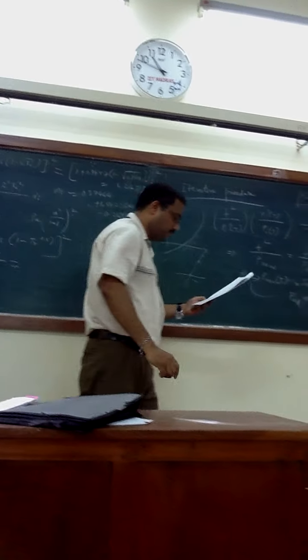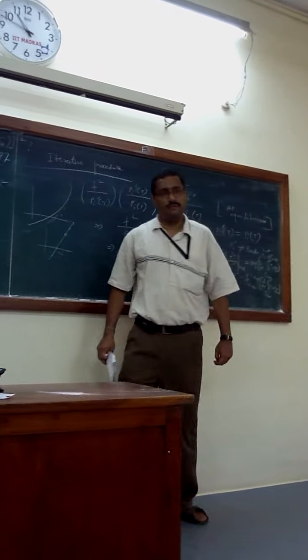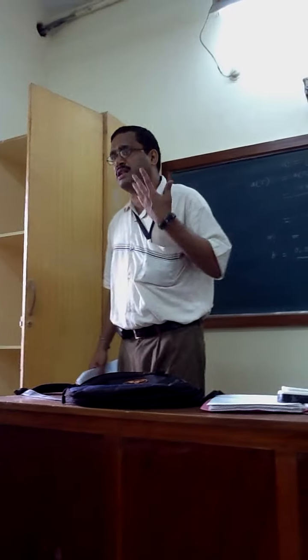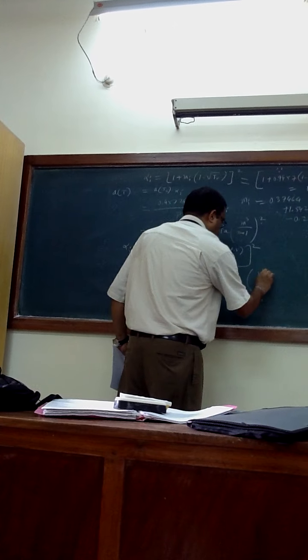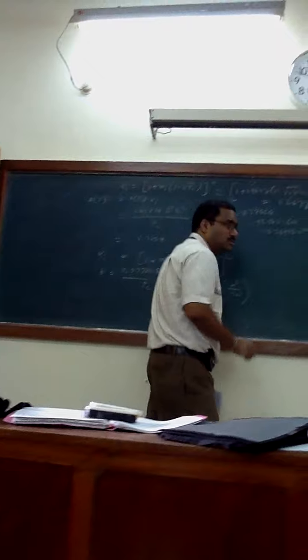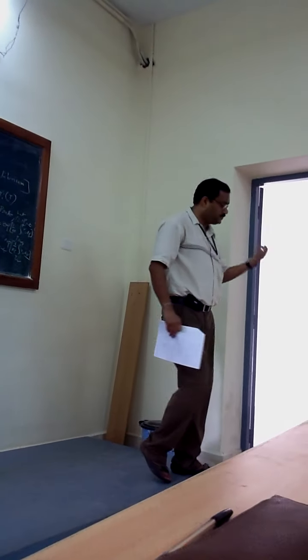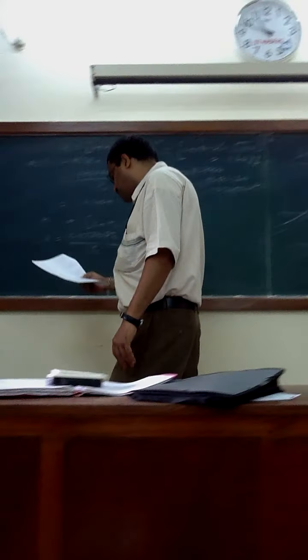The unit should be a volume unit, right? That's what you should be telling. The first is the volume unit, it is meter cube per mole. How much is it coming?